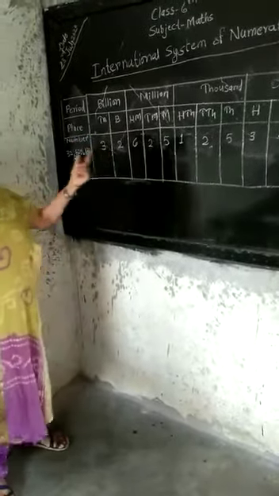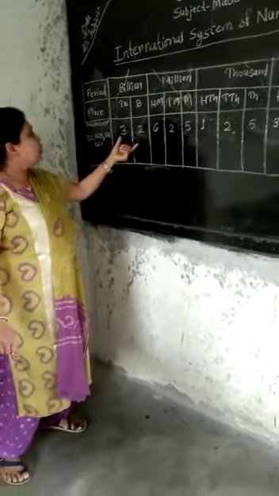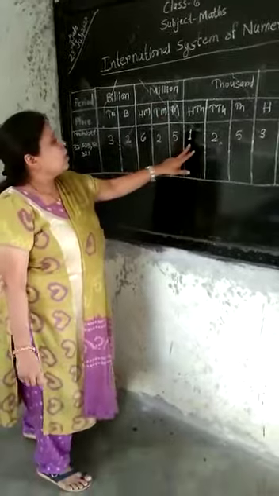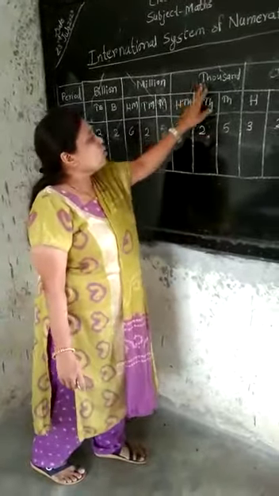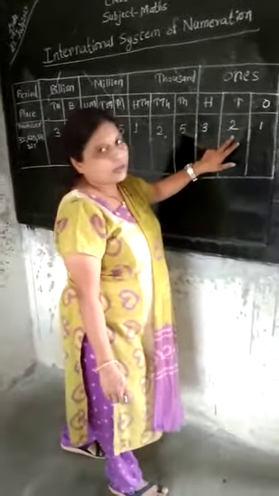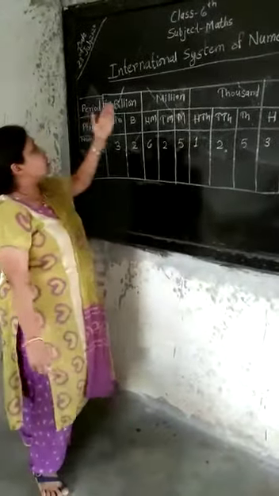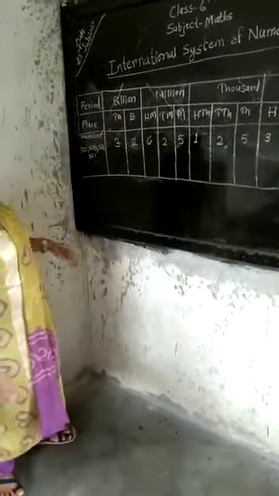We have to read this as 32 billion 625 million 125,321. This is the way of reading in the international system of numeration.